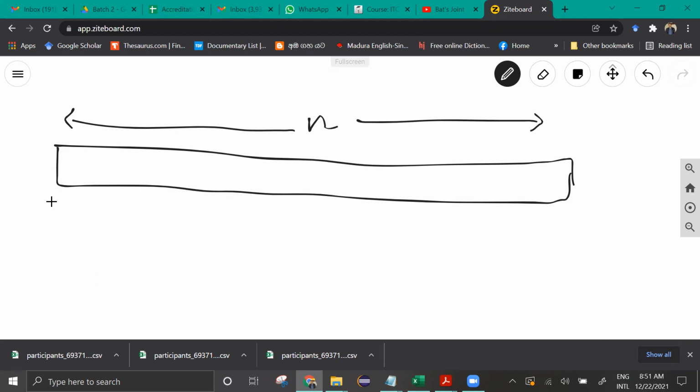The array name is suppose A, right? So then if I want to access any value using an index, for example 10, and then I assign a value. Suppose this is an integer.